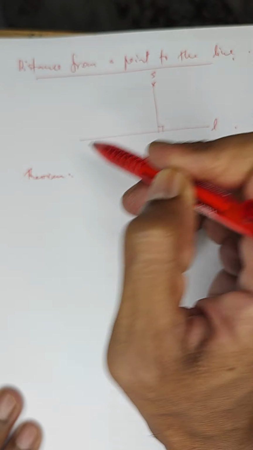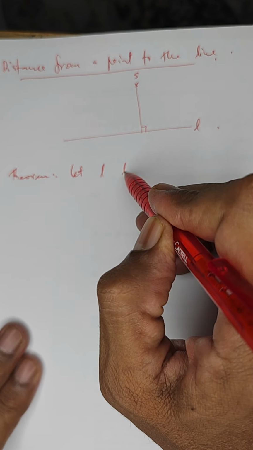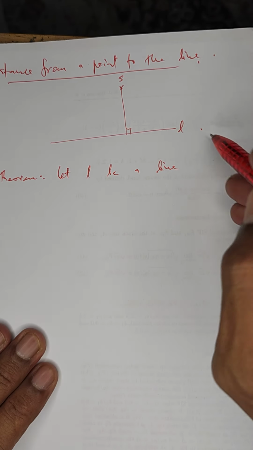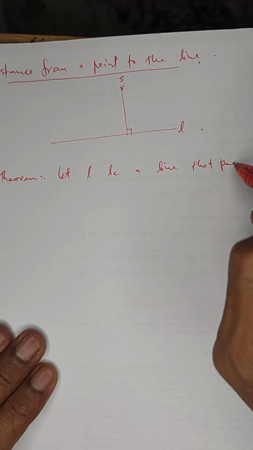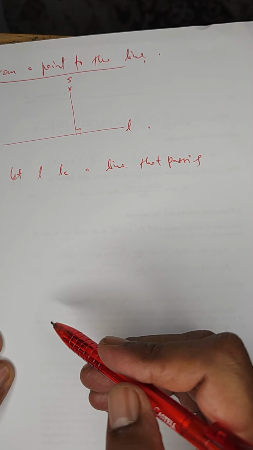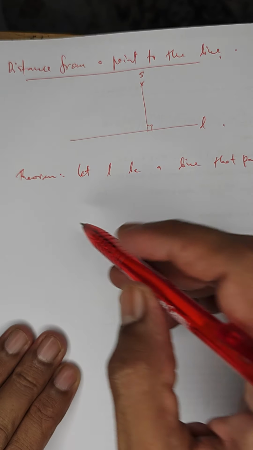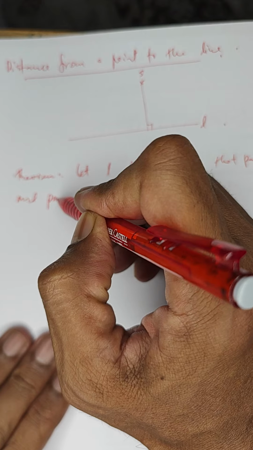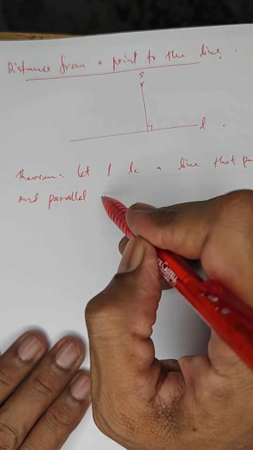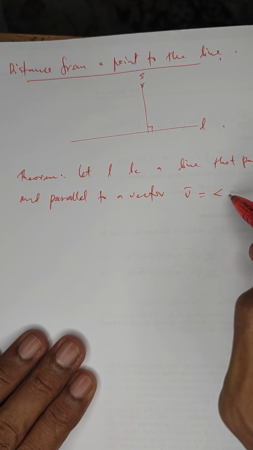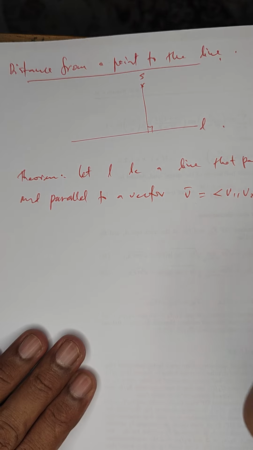Let's write this as a theorem. Let L be a line passing through a point P and parallel to a vector V with components V1, V2, V3.